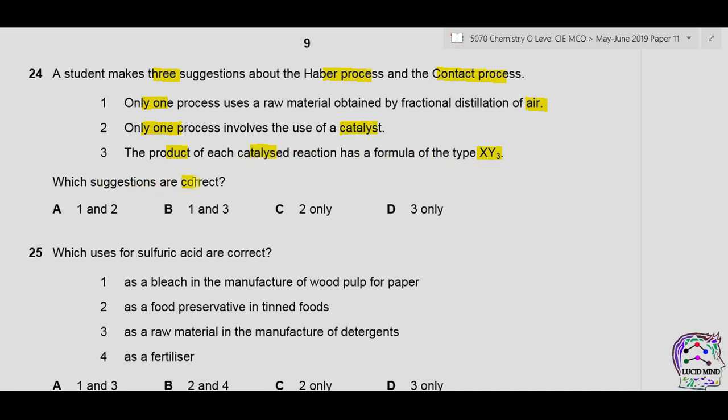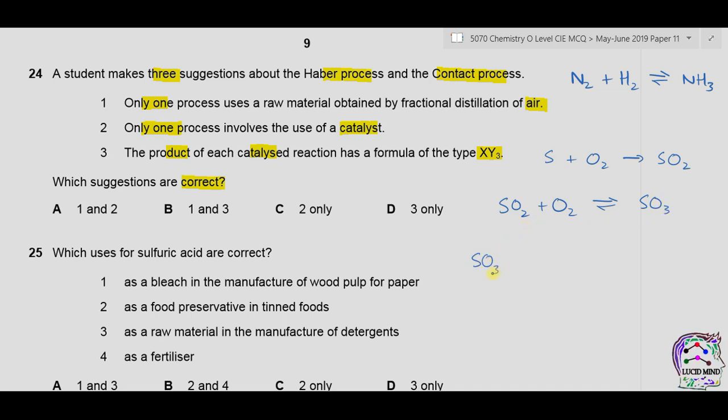Which suggestions are correct? Let's find out the raw materials for both processes. In the Haber process, we have nitrogen and hydrogen that react to form ammonia gas. In the contact process, we have different steps. Sulfur reacts with oxygen to form sulfur dioxide. Sulfur dioxide reacts further with oxygen in a reversible reaction to form sulfur trioxide.